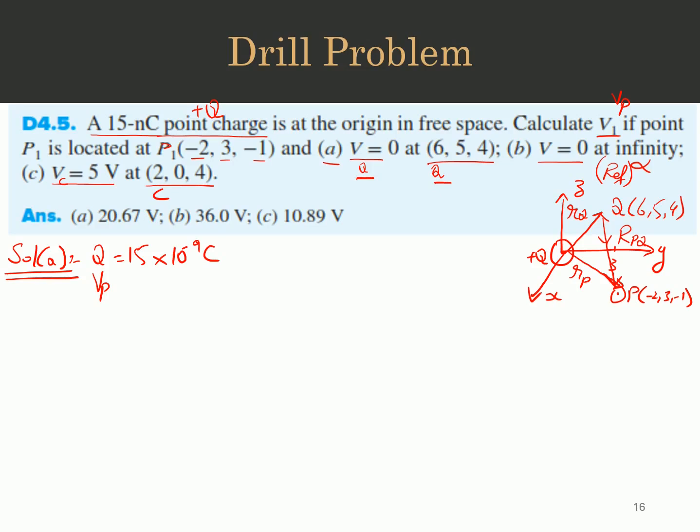So we know that for a point charge the electric field intensity is known. So let me fill the values. Vp needs to be figured out when P is at -2, 3 and -1, and we have also defined that Vq is equal to 0 volts when Q is at 6, 5 and 4.